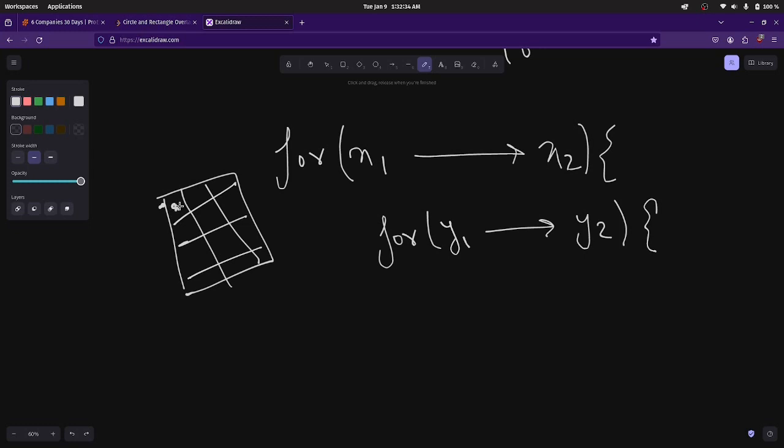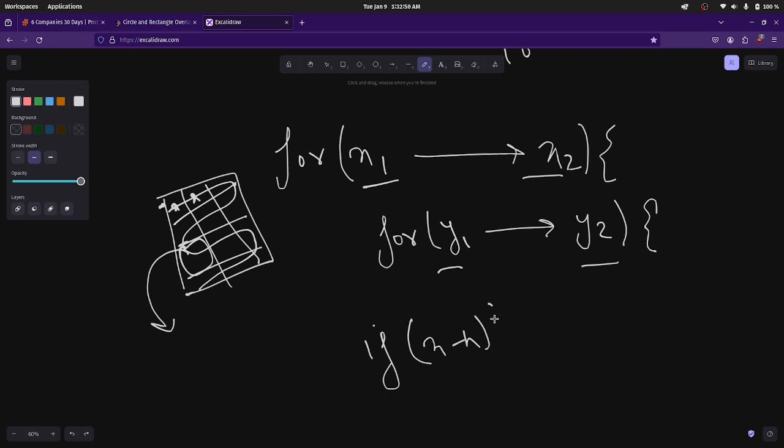So this is xi, yi. We are just traveling in this matrix and checking if each block comes inside the circle. So we're taking all the points between y1 and y2 and checking if x minus h whole square plus y minus k whole square is less than or equal to r square, and hence return true.